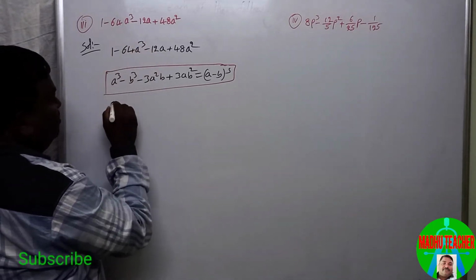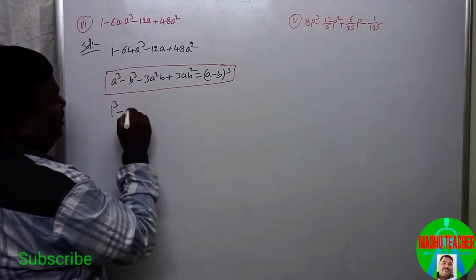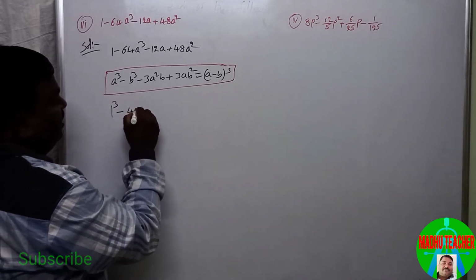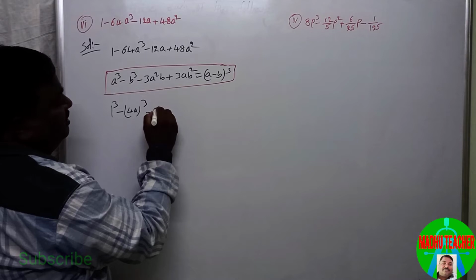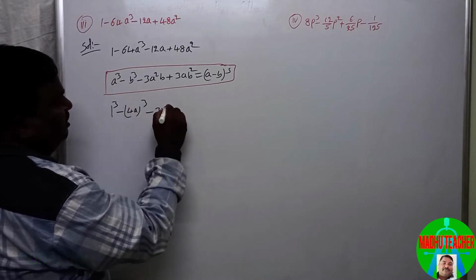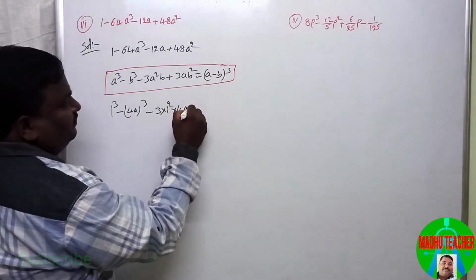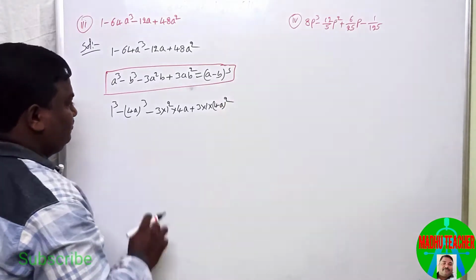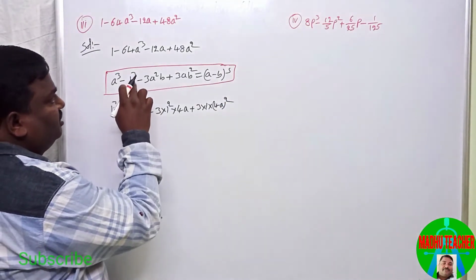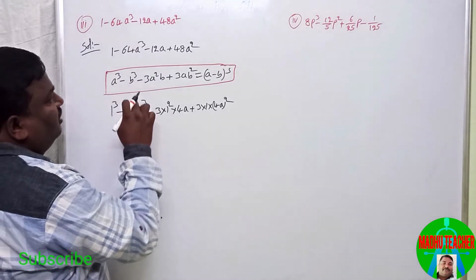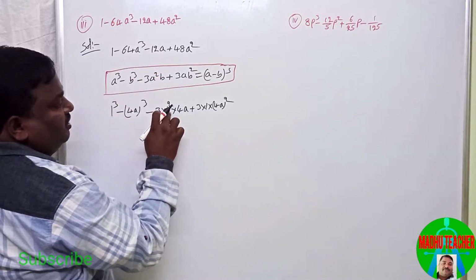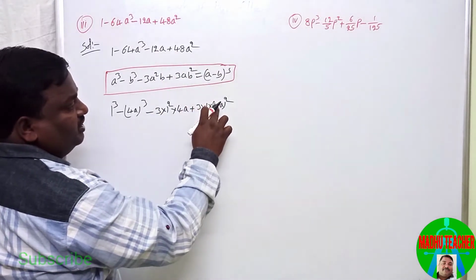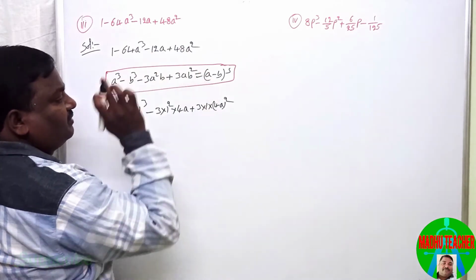So 1 you can write as 1 cube, 64 you can write as 4 4s are 16, 16 4s are 64, so (4a) whole cube, minus 3 into a square, that is 1 square, into b, 4a, plus 3 into 1 into (4a) whole square. 1 cube is 1, 4 cube is 64a cube, minus 1 square is 1, 1 into 3, 3 4s are 12a, 3 1s are 3 and 4 square is 16, 16 3s are 48a square.